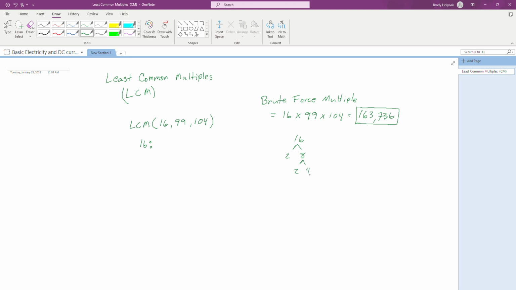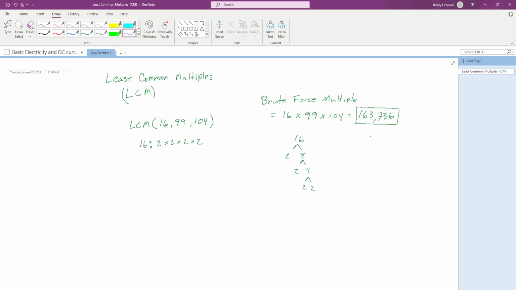That's going to give us 4. 4 is even, so we break that down into a 2 and a 2. So 16 broken all the way down into its prime factors is 2 times 2 times 2 times 2. I know this might seem a little redundant and a lot of work, but just stick with me and I promise this will make sense in the end. So there are my 16 factors.